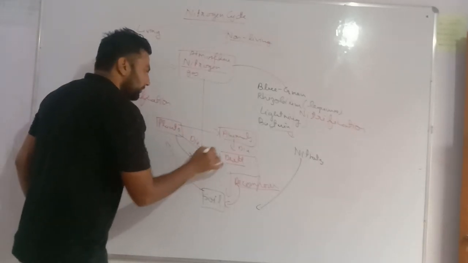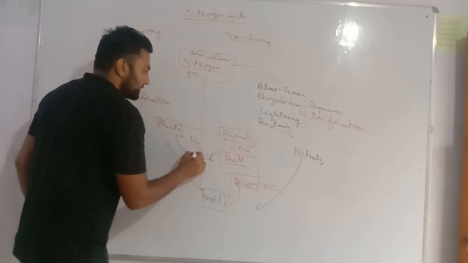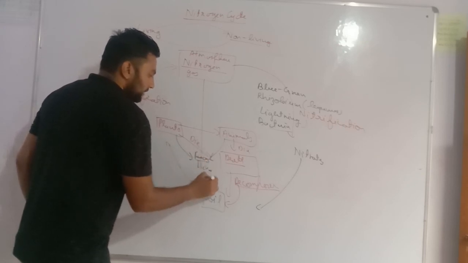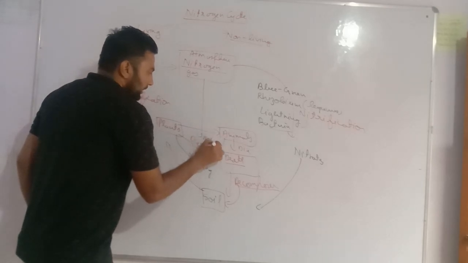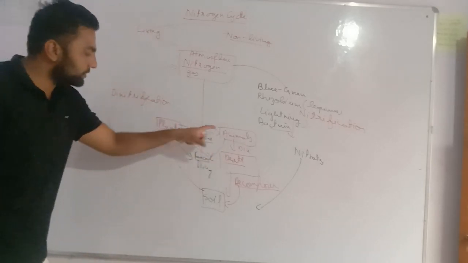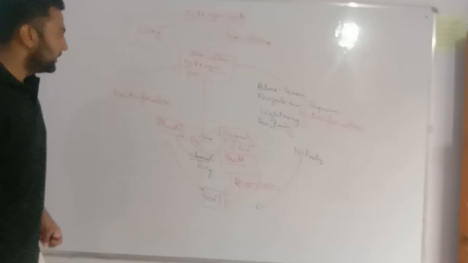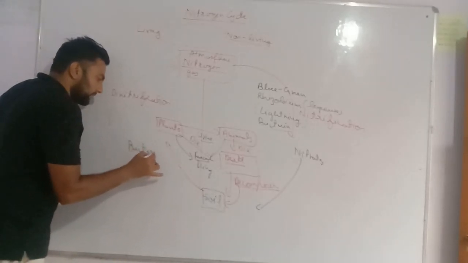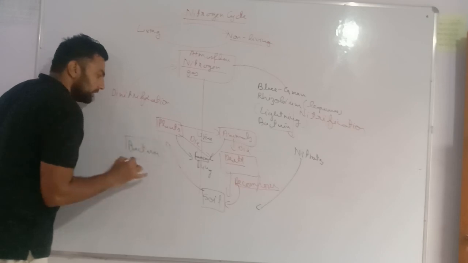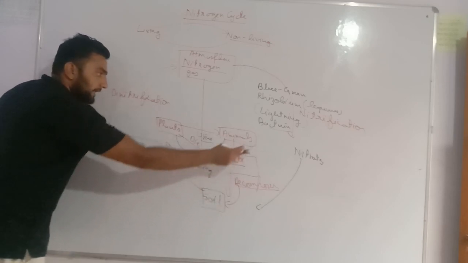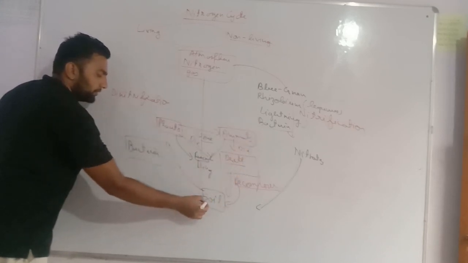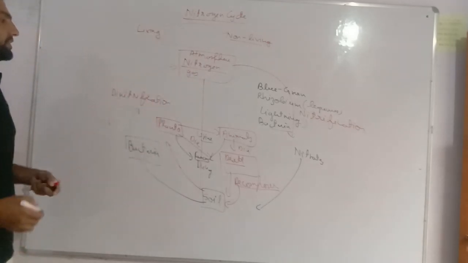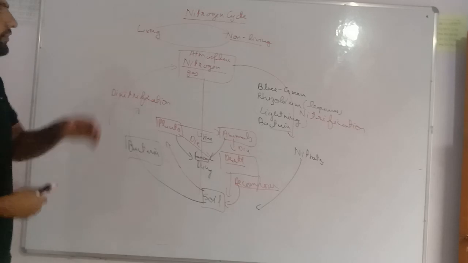Moreover, plant waste or animal waste such as feces, dung, urine, even in those things the nitrogen comes back into the soil. Now there are also a few bacteria and microorganisms which convert this nitrate material or nitrogen compound back into nitrogen gas, and this process is known as denitrification.